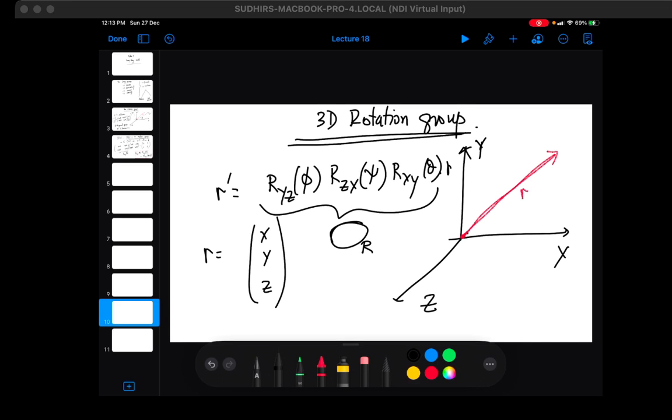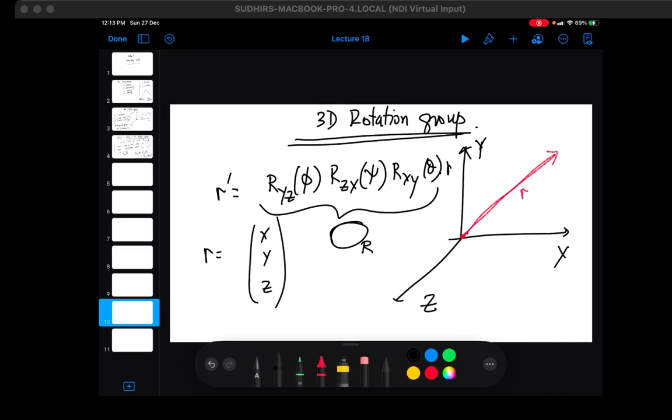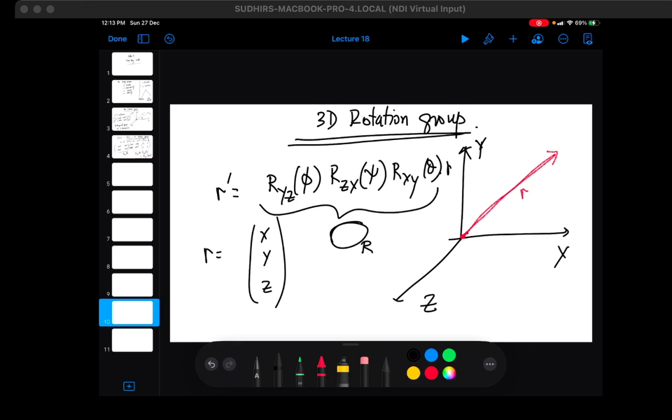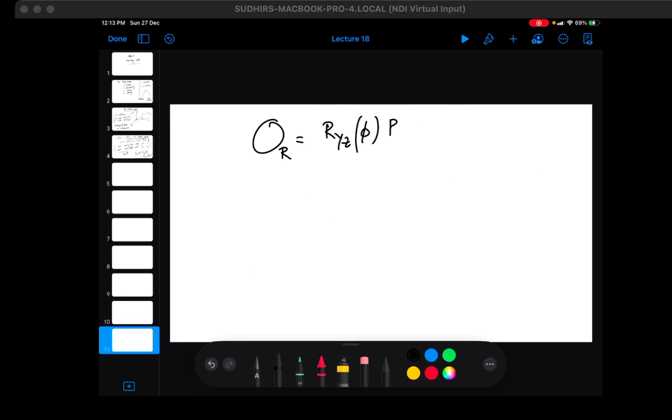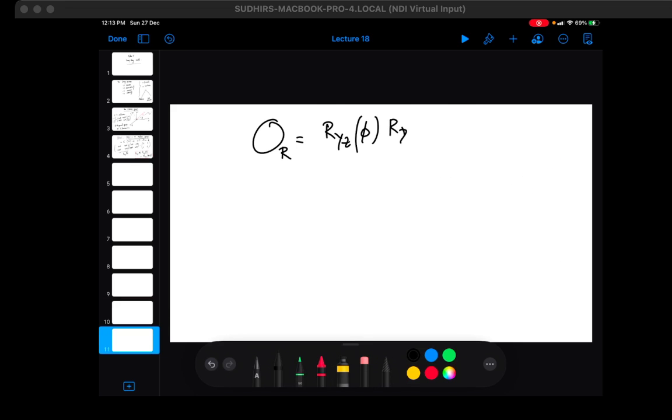The OR is a combination of Ryz phi, Rxz psi, and Rxy theta.